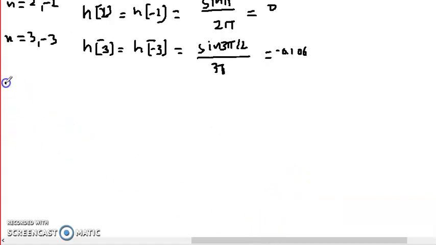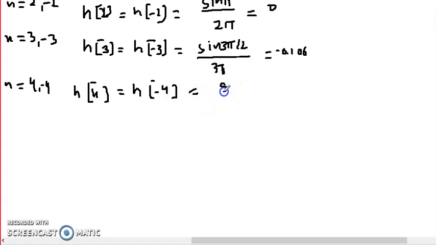Okay. Similarly, n equal to 4 के लिए और -4 के लिए दोनों के लिए सेम होगी, यानी कि h4 and h of -4, and its value will be sine 2pi divided by 4pi. Sine 2pi is 0, so this will be 0.